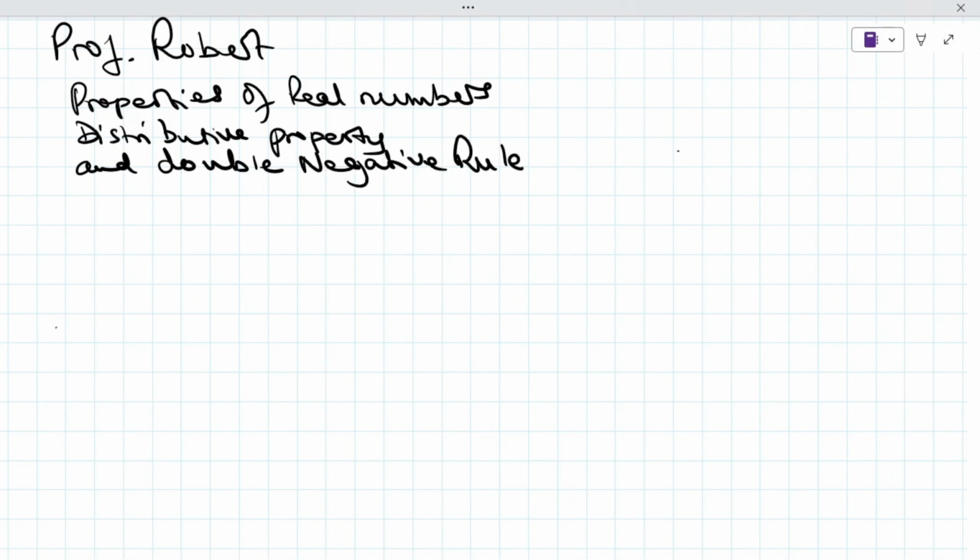All right, these properties are essential for simplifying algebraic expressions. Now let's start off with the distributive property.